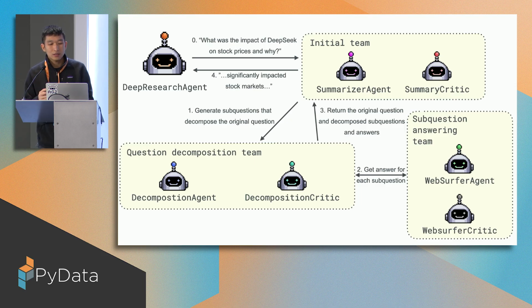It will have a question decomposition team to decompose the task into some sub-questions, and also a decomposition critique to challenge the answer. And the decomposition agent will try to get answers for each sub-question using the web surfer agent and web surfer critique.